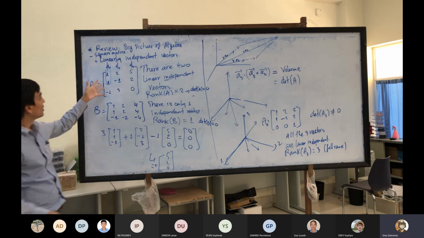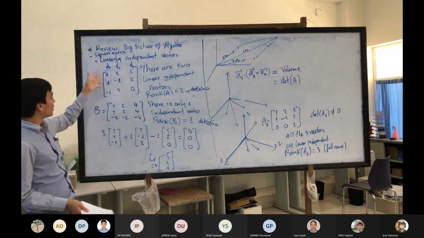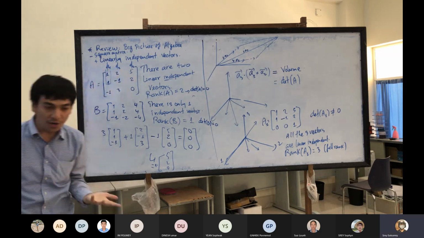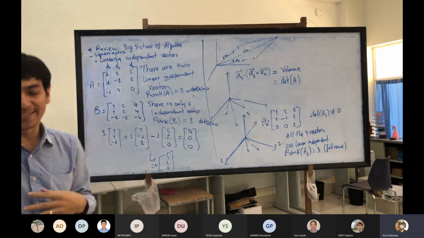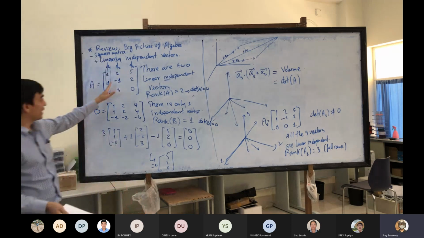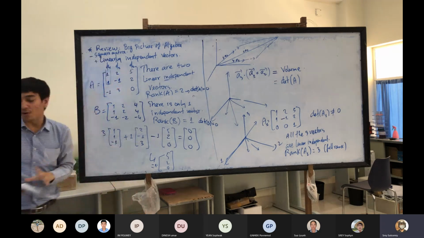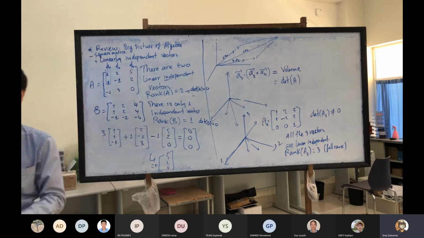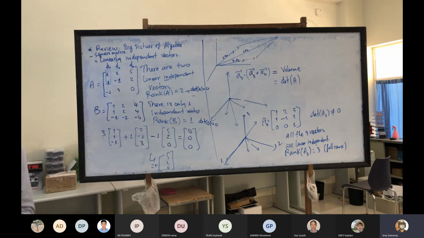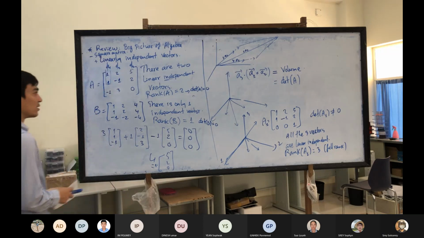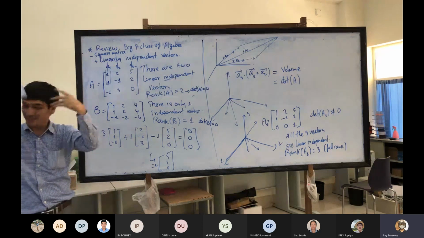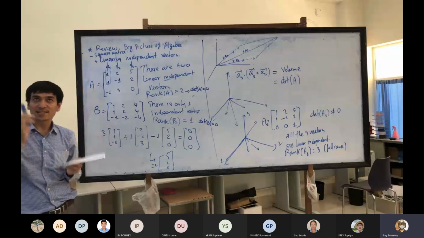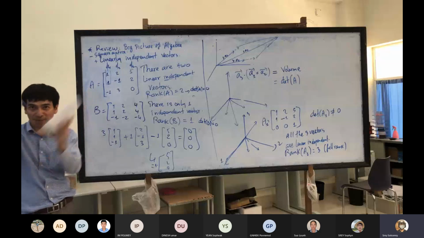And if the columns are linearly dependent, then those vectors cannot form a volume. The determinant must be zero. Can you have the picture in your mind? When we ask something, you can imagine the vectors in this plane.